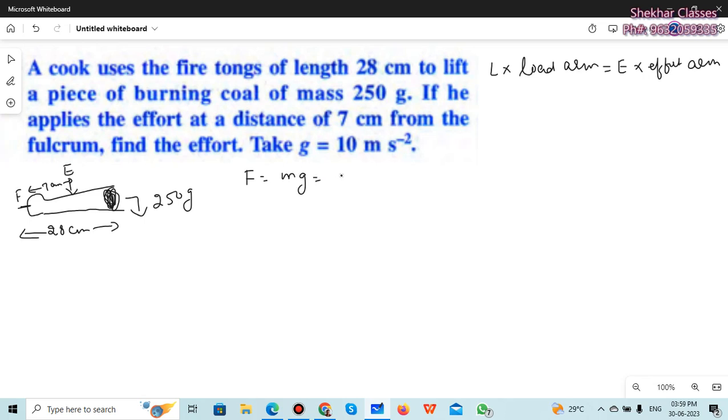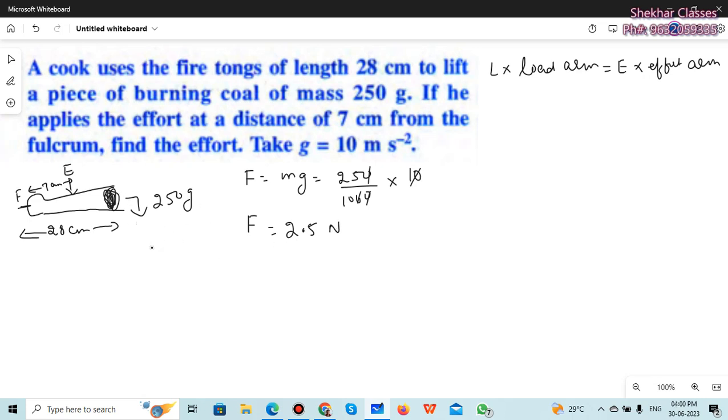Mass is 250 gram, so divide by 1000, and multiply by 10. So the weight of this coal is 2.5 Newton.